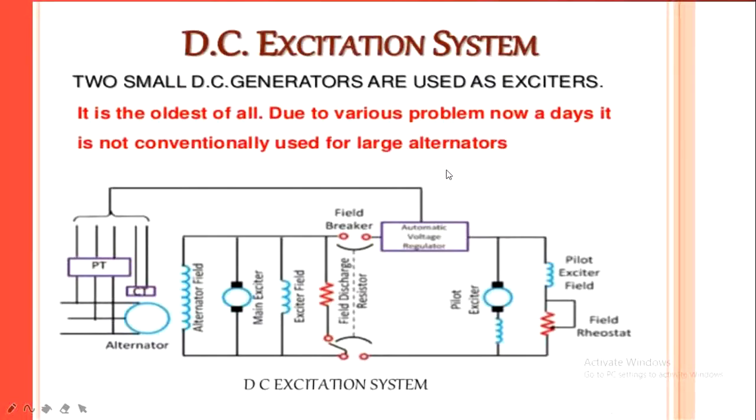It is not conventionally used for large alternators. This is the basic figure of the DC excitation system, where this is the alternator. This is the alternator field which needs to be excited, and excitation can be done with the help of this main exciter and pilot exciter. This is the automatic voltage regulator.